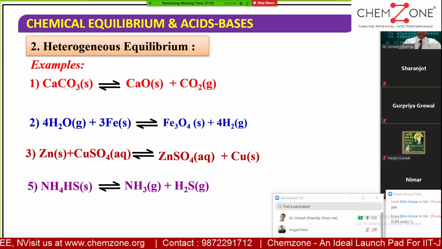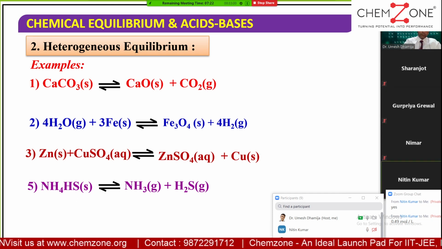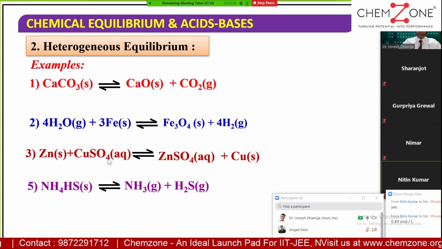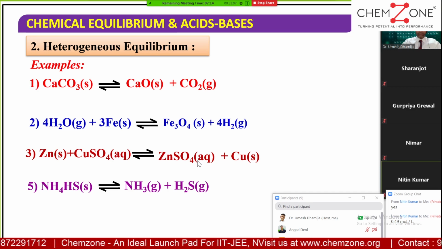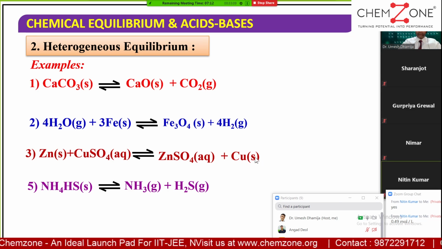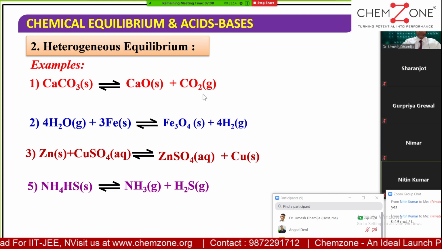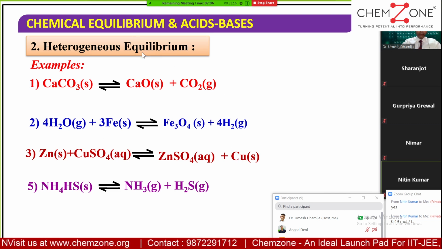If the physical states are different, सर थर्ड का क्या बताया? Zinc is solid, copper sulfate is aqueous, zinc sulfate aqueous, copper solid. You can see the physical states are different. If the physical states are different, then the equilibrium is called a heterogeneous equilibrium.